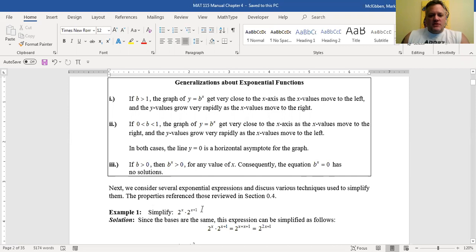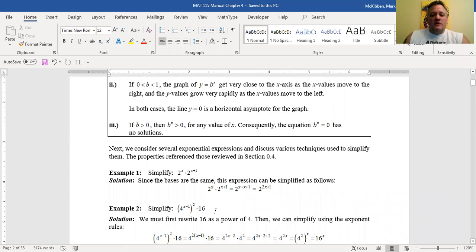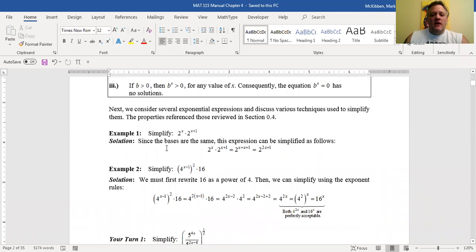Okay, now some simple calculations just to remind you how to use the exponent rules, because we're going to have to solve equations involving these exponential functions. First, let's take a look at these. If you want to simplify a product of this form, notice that they have the same base.